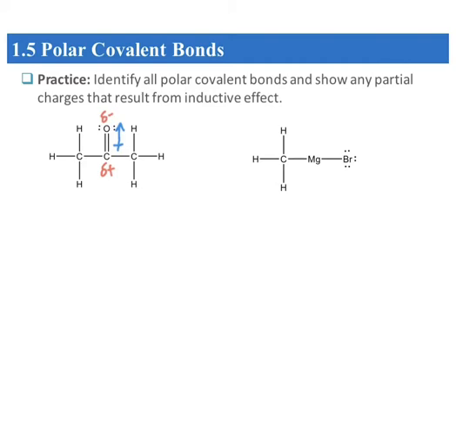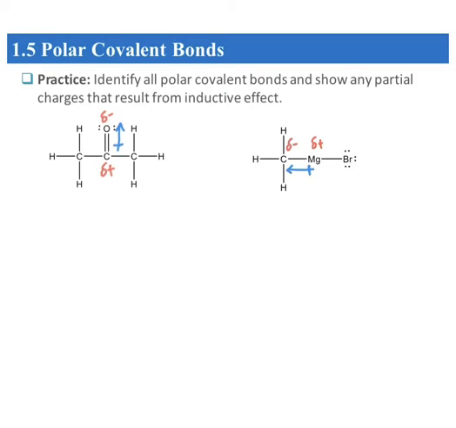Now, if you look at the second molecule, we have carbon-hydrogen bonds in it, a carbon-magnesium bond, and a magnesium-bromine bond. The carbon-hydrogen bond, again, is nonpolar, so we ignore that. In the carbon-magnesium bond, carbon is more electronegative than magnesium, therefore carbon would get the partial negative charge, and magnesium is partial positive. And the arrow should be towards carbon.